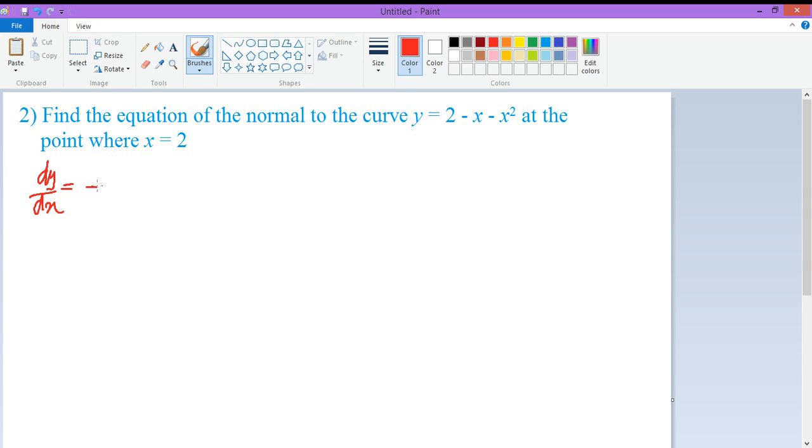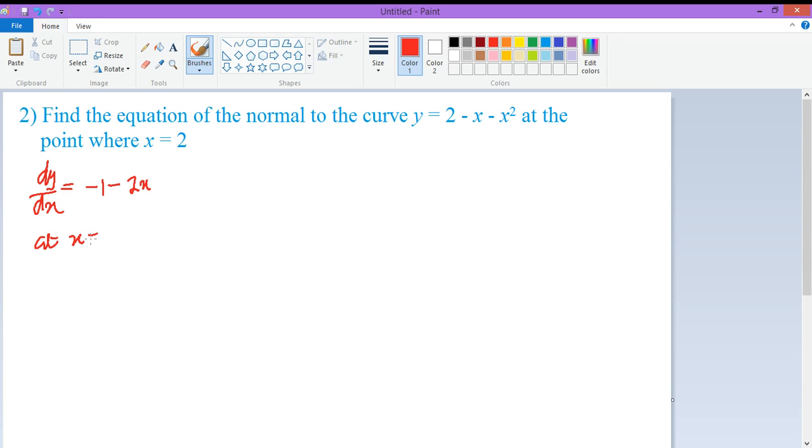So you'll have negative 1 times the x, whose power now becomes 0, which translates into 1, and it drops. The other term will become minus 2x. The power now becomes 1. So that's the gradient function.